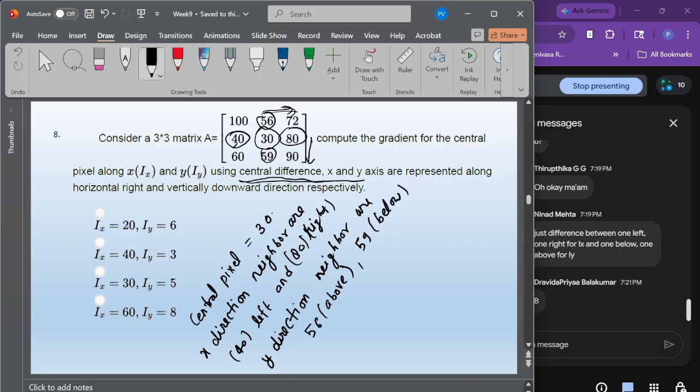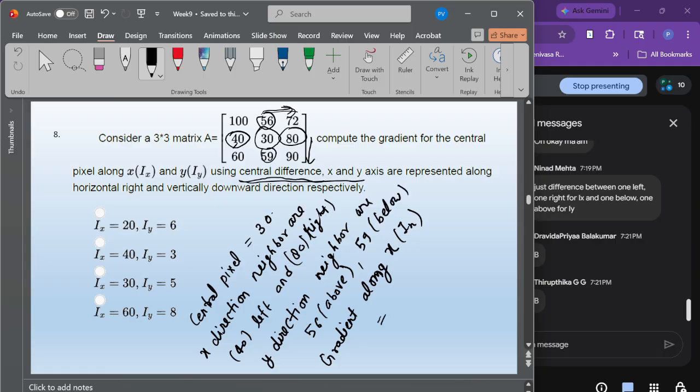So the gradient along the x direction is represented by Ix. That means the difference between the right minus left, or Ix plus 1 minus Ix minus 1. So 80 minus 40 is 40.